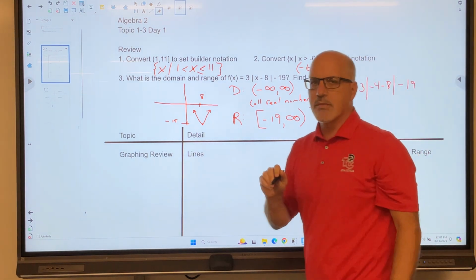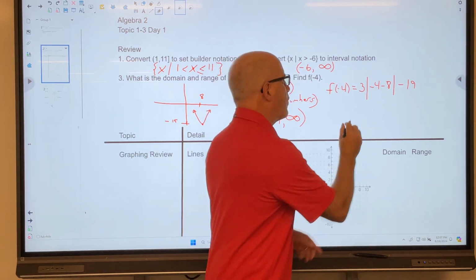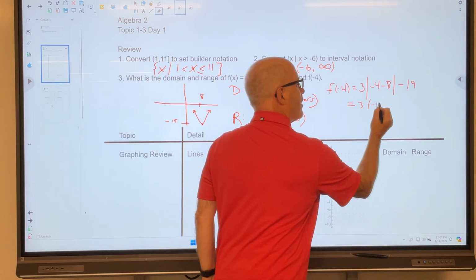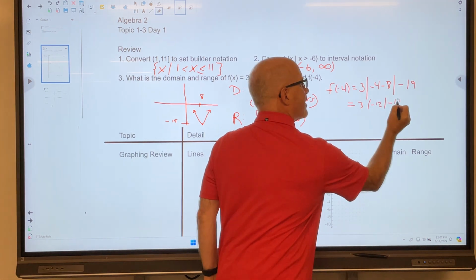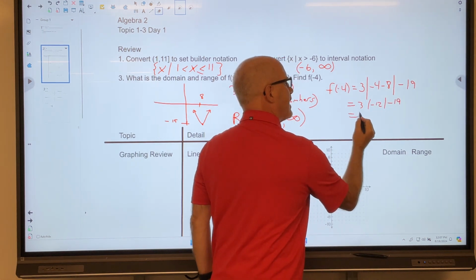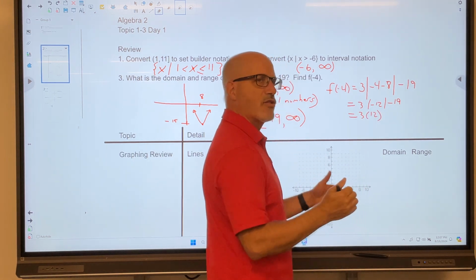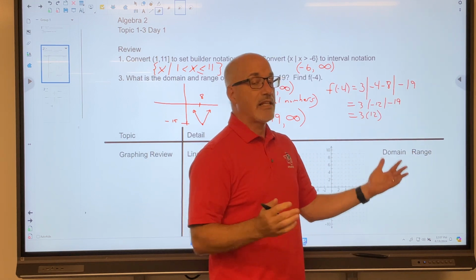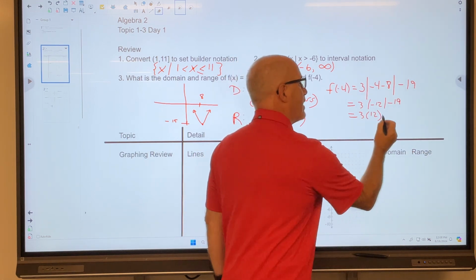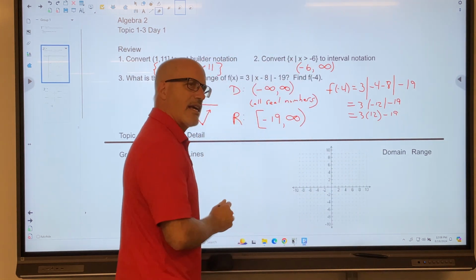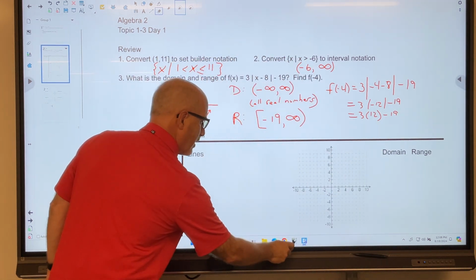Now let's do some calculations. -4 minus 8 is -12. The absolute value of -12 is +12. Absolute value turns negatives into positives. It leaves positives and 0 alone. Minus 19.